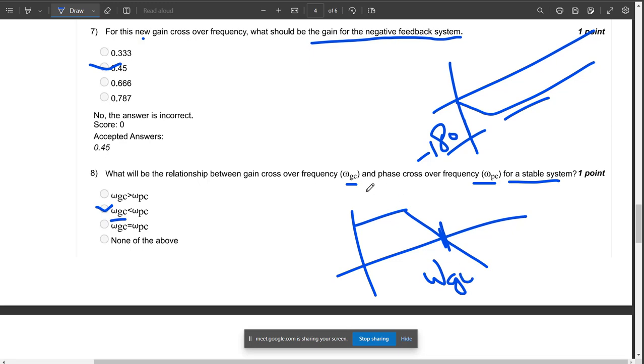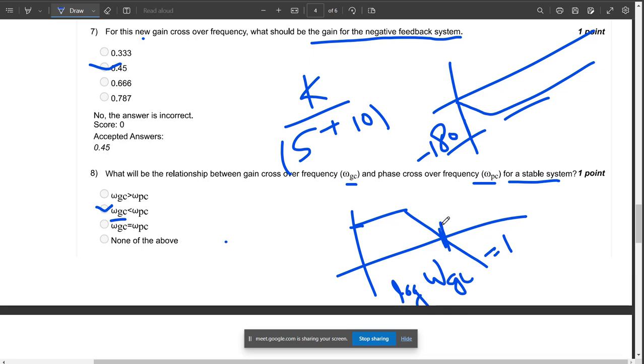So it is always finite. Let's say k by s plus 10 is the system, and this is a Bode plot, right? Log of omega gc is how much? Log of omega gc will be log 10, which equals 1.